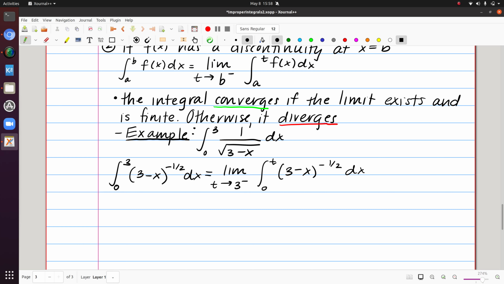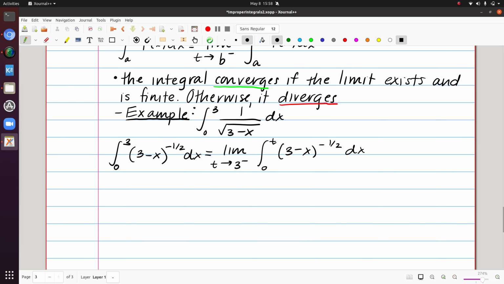Now, when we're thinking about this, I will point out this would be a good situation for u substitution. I'm going to use that off to the side to help me anti-differentiate. If u is 3 minus x, then du is negative dx. So what this is telling me is that my antiderivative needs to bring out a minus.